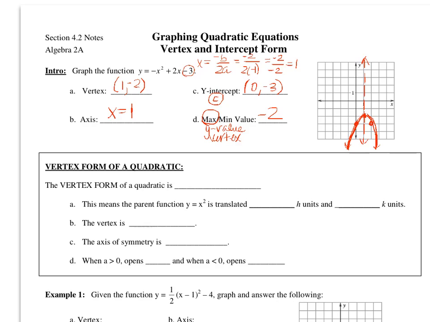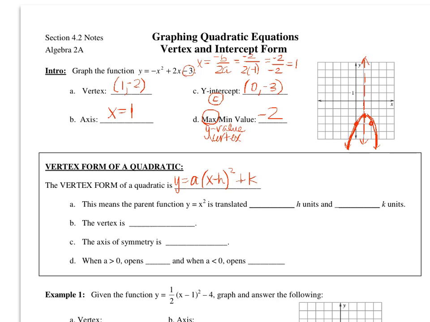So we're going to jump into the material for section 4.2, and we're going to start with this idea of vertex form. This vertex form looks like this: y equals a times the quantity x minus h squared plus k.